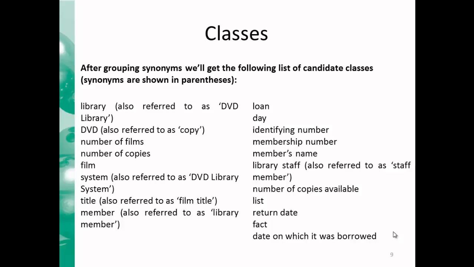In the system domain, DVD, which is a physical video disc, is synonymous with copy. As you know, copies of the film are held on DVDs. But also, you may find copies of films held on videotape, for example.